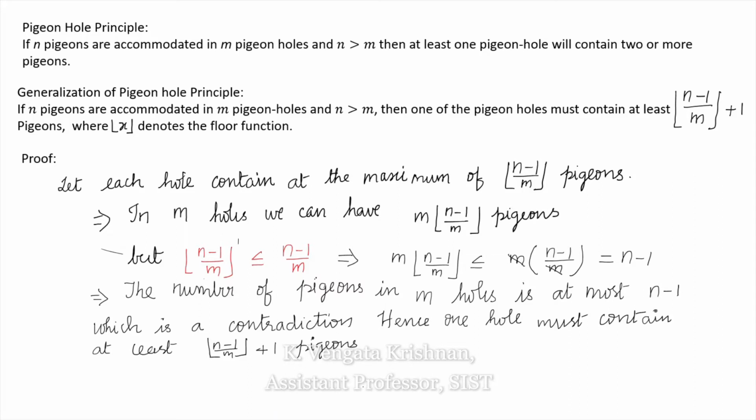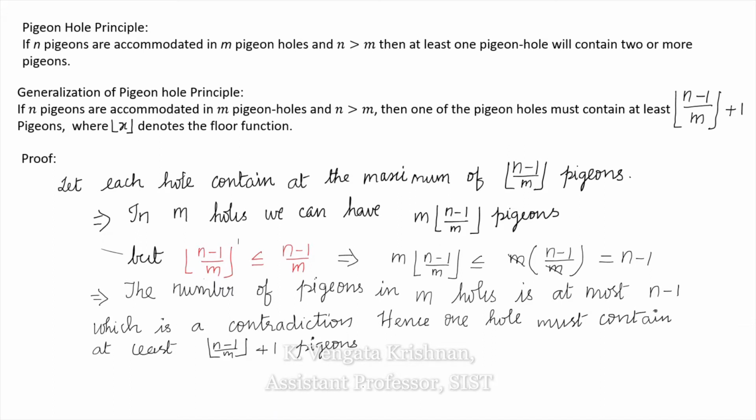That is, if the number of pigeons is more than the number of holes, then at least one hole should contain more than one pigeon. This is formally quoted as: if n pigeons are accommodated in m pigeonholes and n is greater than m, then at least one pigeonhole will contain two or more pigeons.